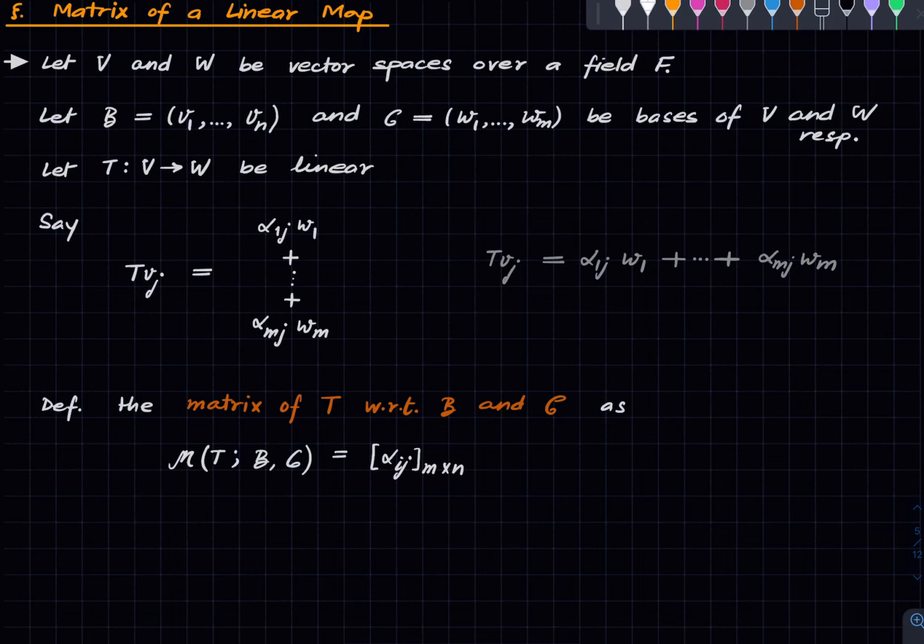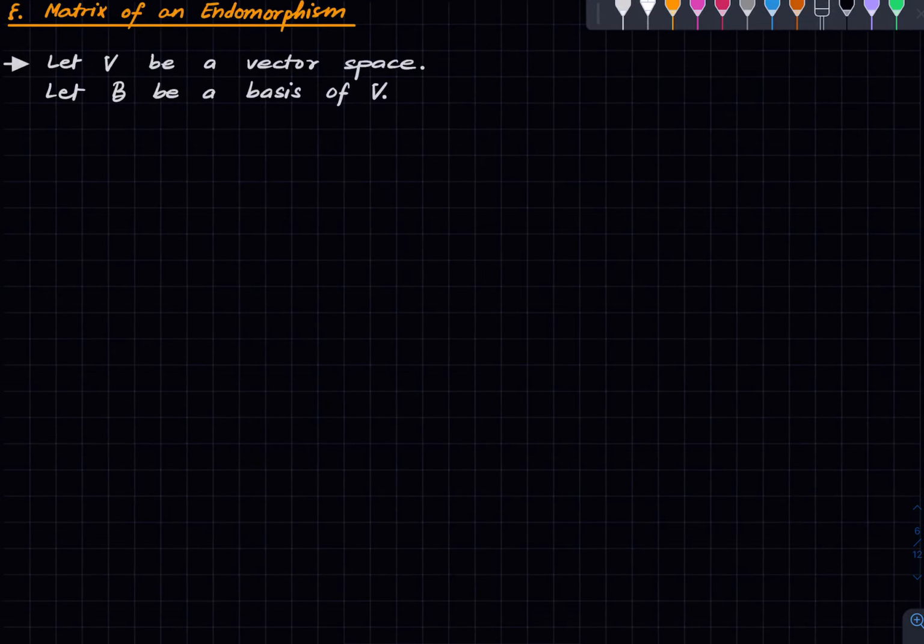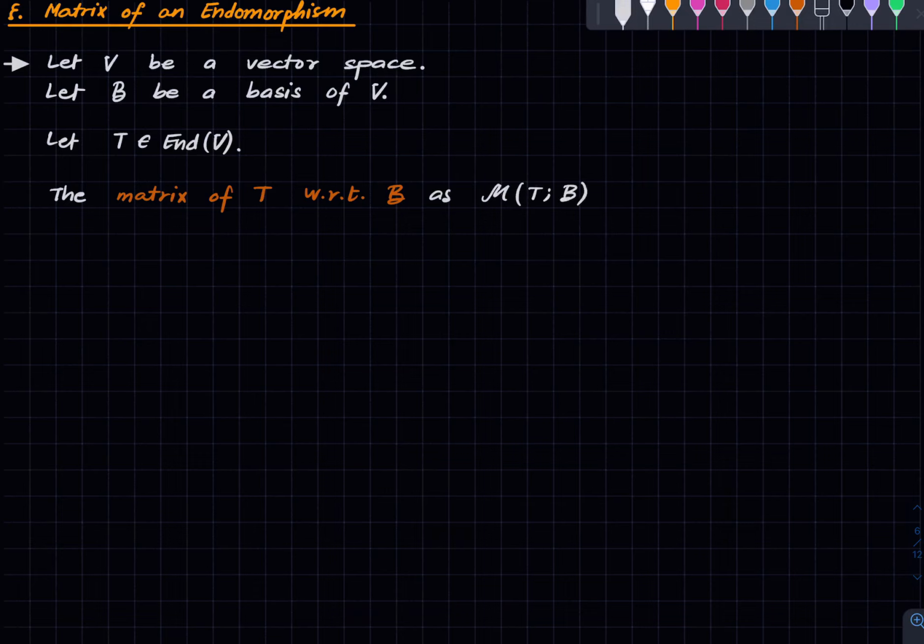Before we go there, let us look at a specialized version of the previous definition. Fix a vector space and fix a basis of it. Then, for any endomorphism, we define the matrix of this endomorphism with respect to the chosen basis as, notationally it's this, and the definition is borrowing from the previous slide, that thing.